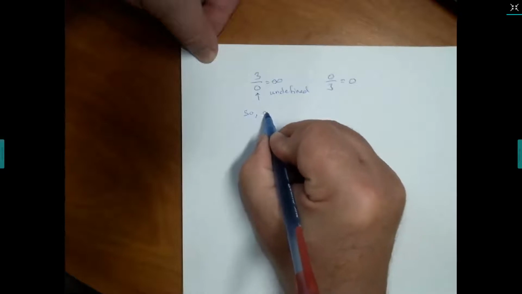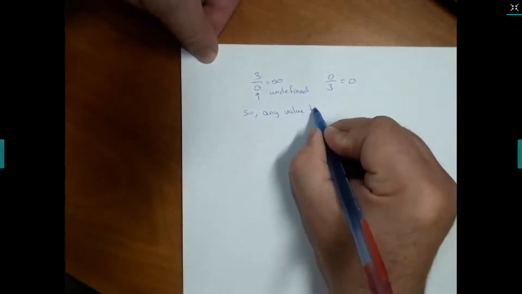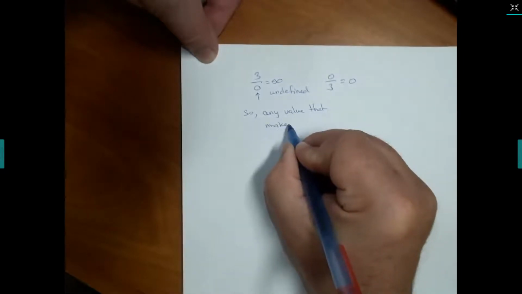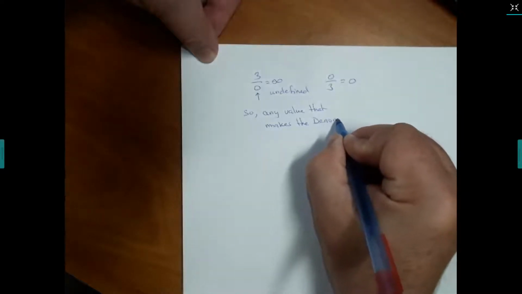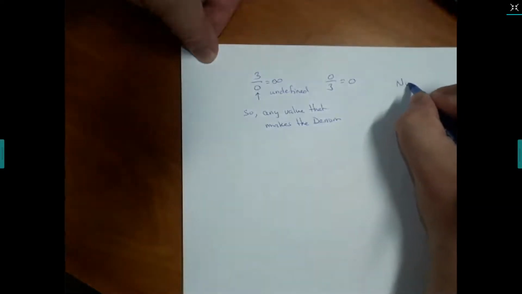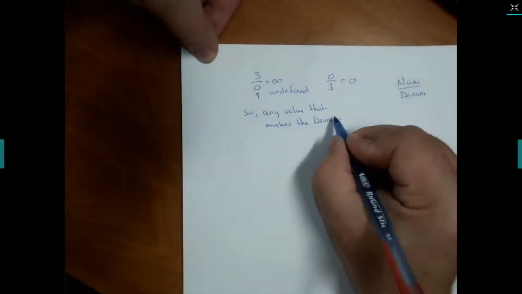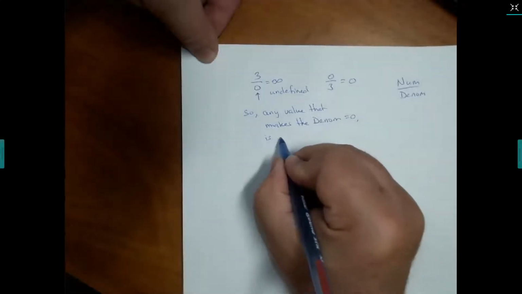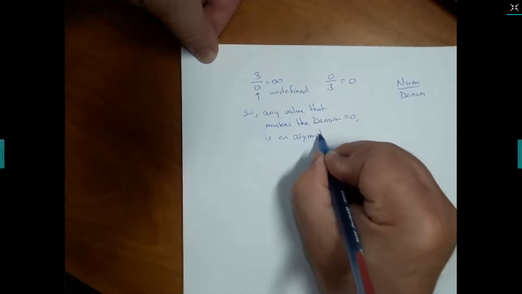So any value that makes the denominator, the bottom number, because we have numerator and denominator, that makes the denominator equal 0 is an asymptote.